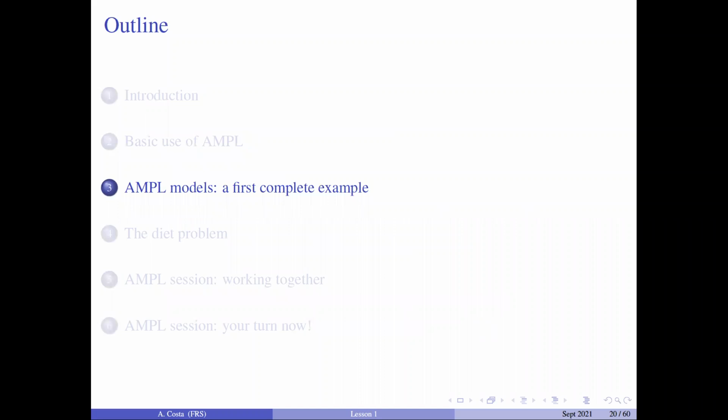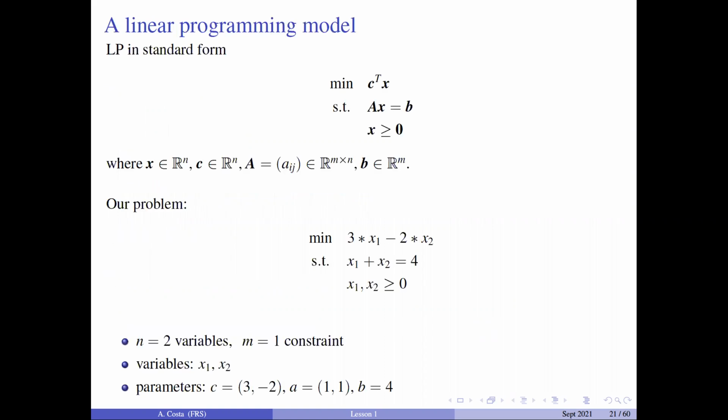Okay, so let's go through the first complete example, right? So you will have a sense of how it works. Remember that I showed you the general expression for a mathematical programming model. When you have a linear programming, LP, usually it is written like that. So remember, because everything is linear, the objective function is just a multiplication between some parameters and the variable, like 3x1 minus 2x2.